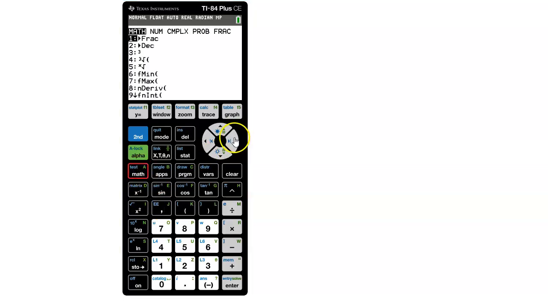Then use the right arrow to go to the Num menu. Now you want choice 9, greatest common divisor. Type in the two numbers separated by commas, 72, comma, 120. Close the parenthesis and push enter. And it tells us the greatest common factor is 24.